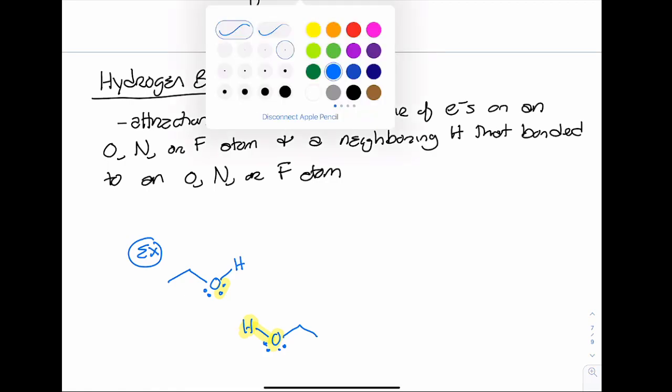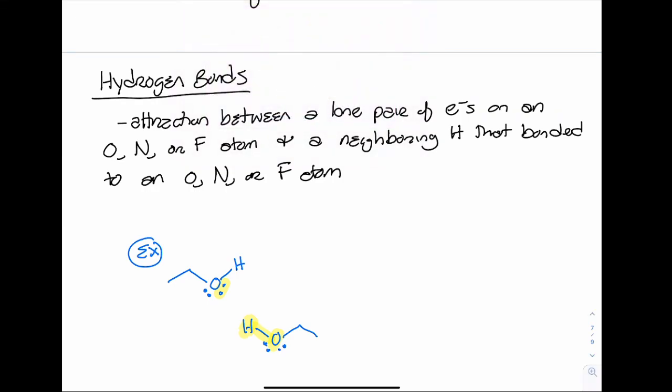So the connection between that lone pair and that hydrogen is my hydrogen bond. I'll just leave it highlighted. I want to compare and contrast the next one to this one because it's going to look like I'm drawing my arrows in the same spot and they're actually different. That might be easier to see when we compare them, but it is to that lone pair. So the attraction between a lone pair of electrons on that oxygen, nitrogen, or fluorine. So this is my hydrogen bond.